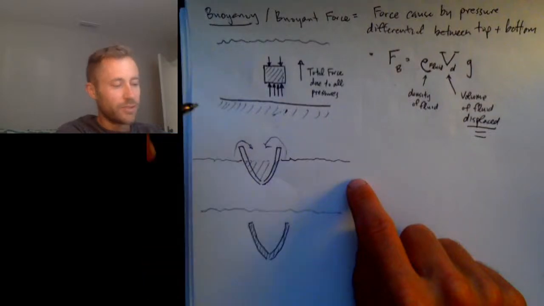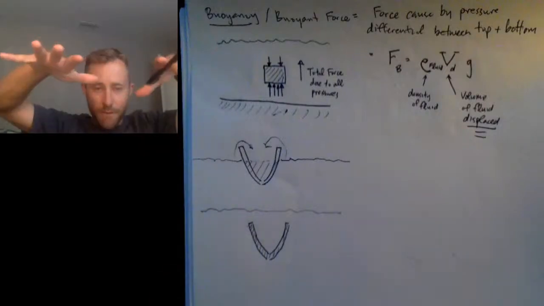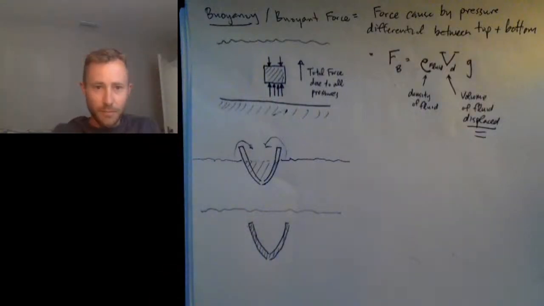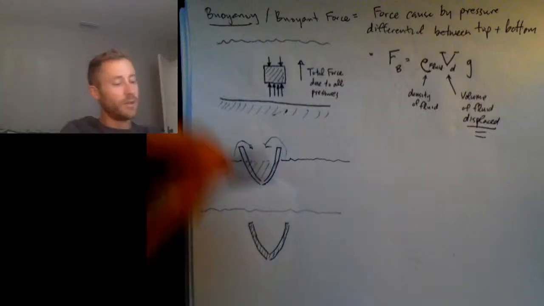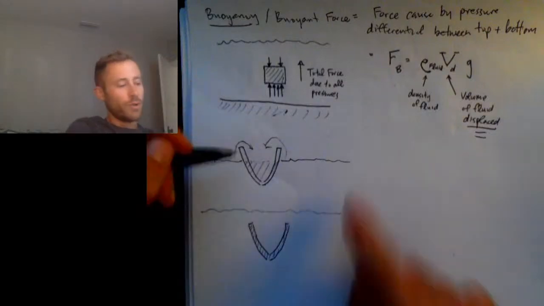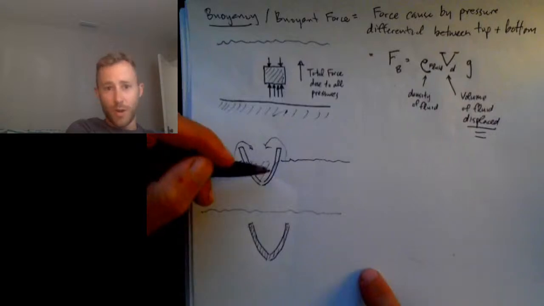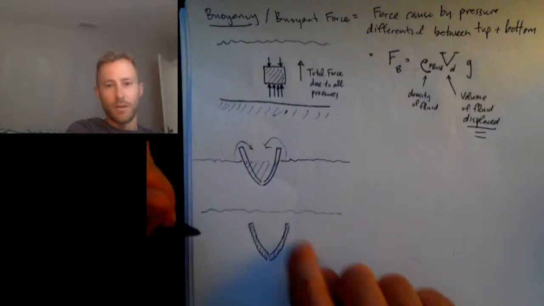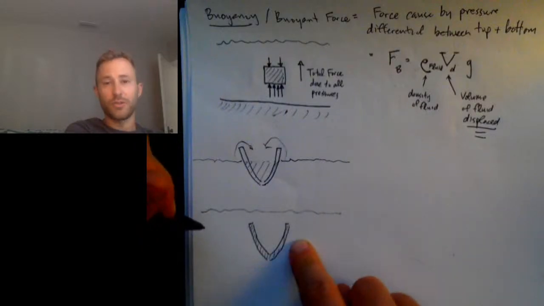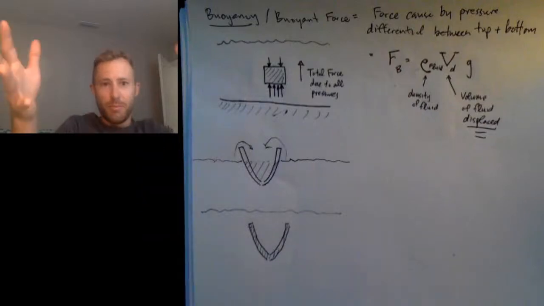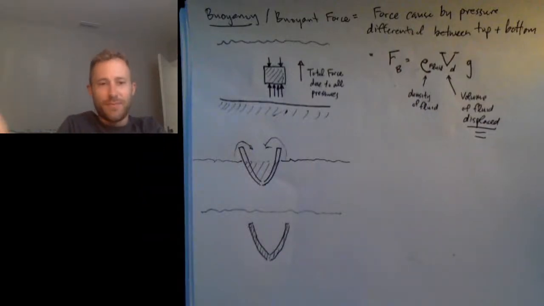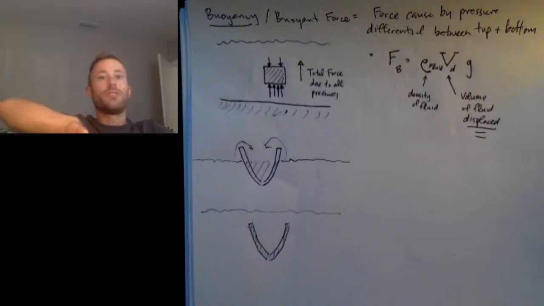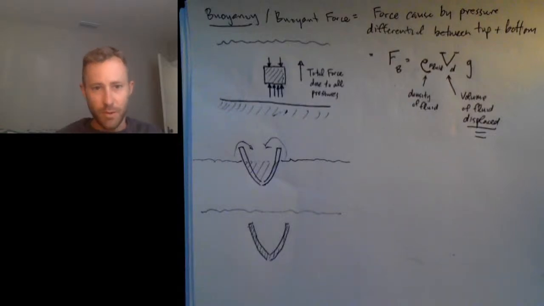Once the boat fully goes under the water, water rushes over the sides and fills in this space, and now the boat is displacing less volume, and so the buoyant force is reduced dramatically. Once its sides get below the surface and water is allowed to rush in, the buoyant force will all of a sudden decrease dramatically.